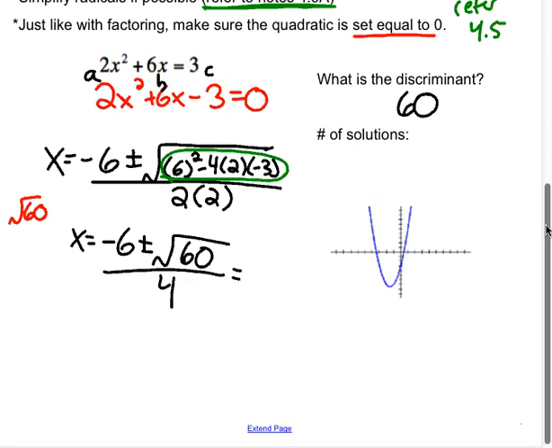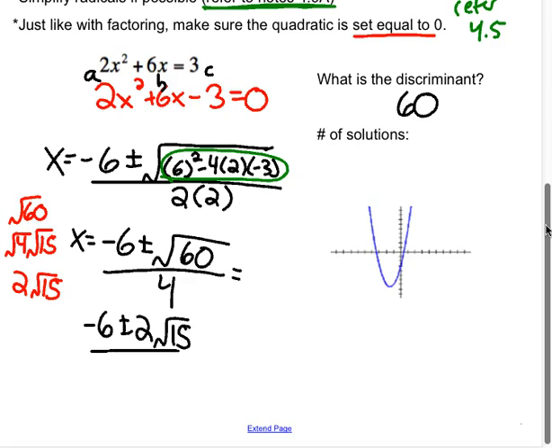The answer is this can break down into 4 times 15. So remember, when you can, you should be breaking this down because the square root of 4 is 2. So really what this equals is negative 6 plus or minus 2 square roots of 15 all over 4.